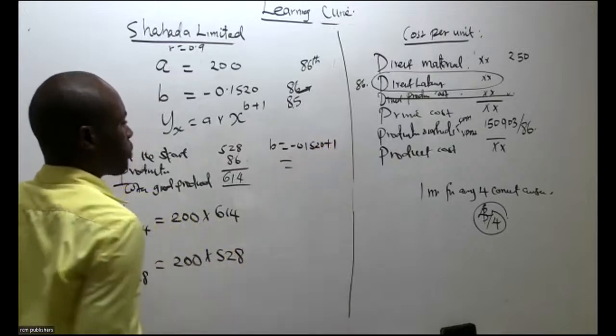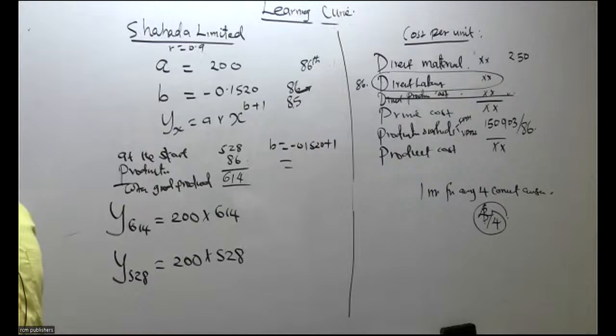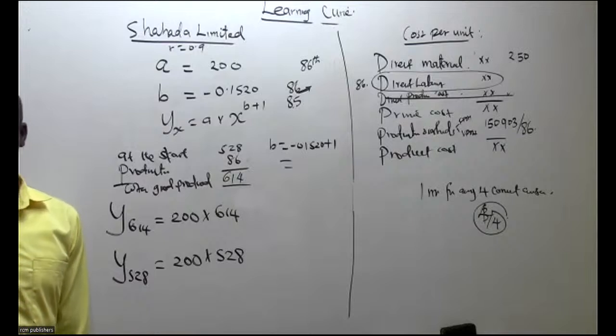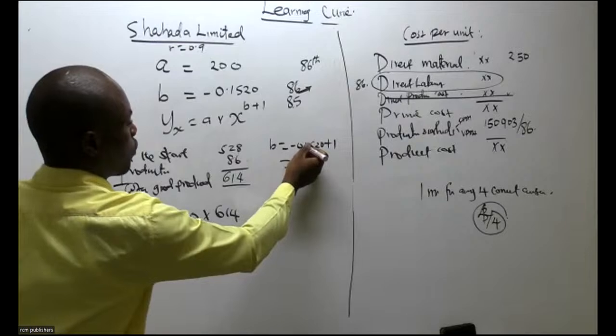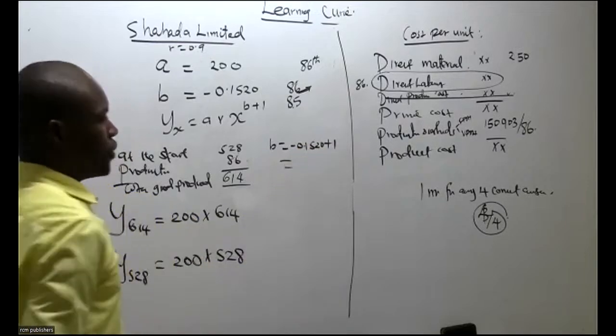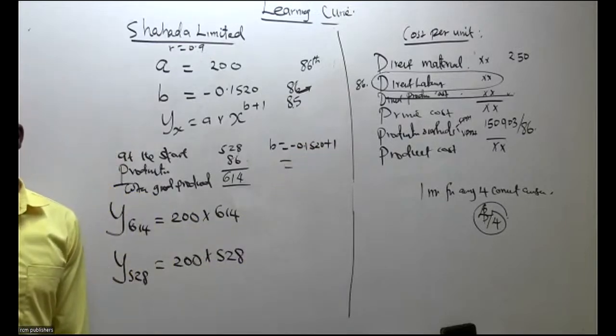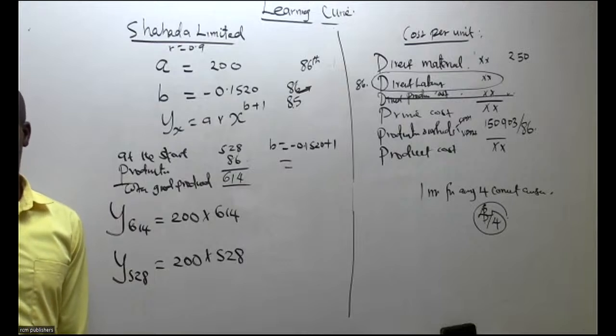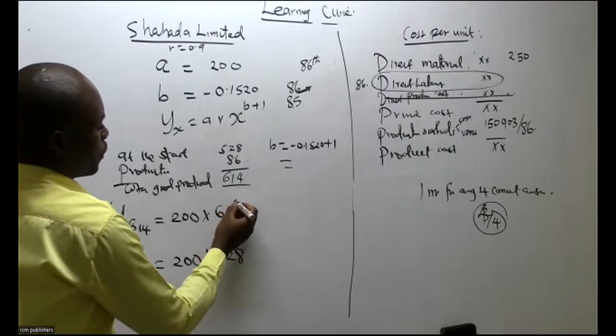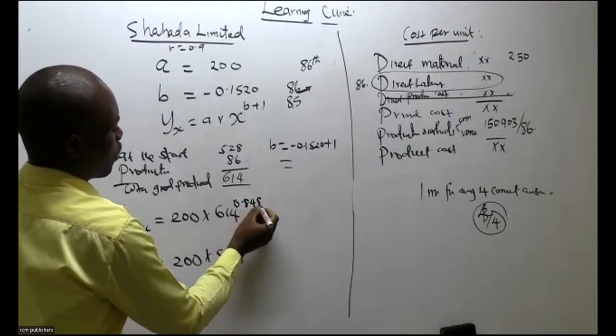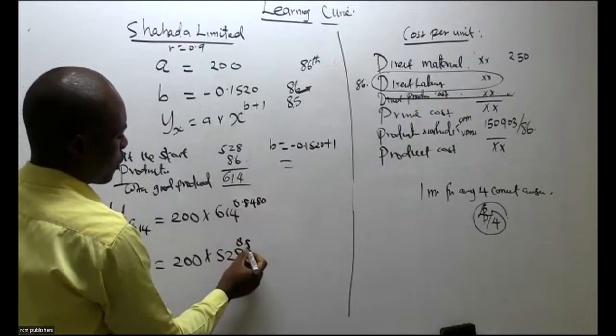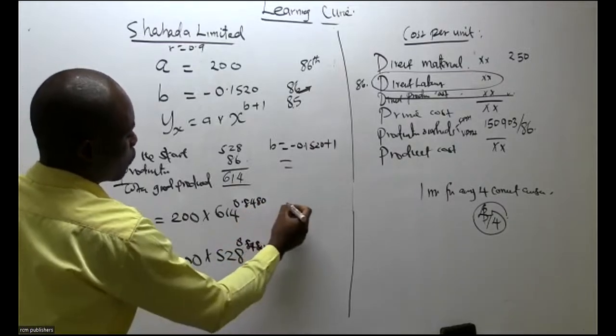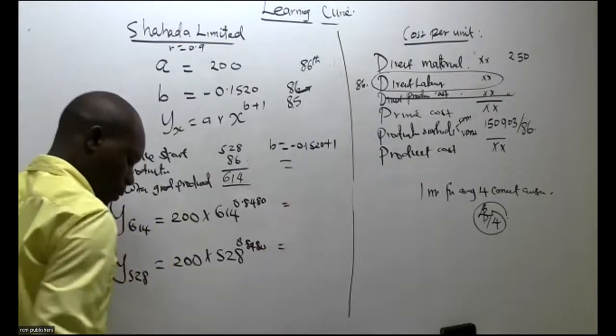So what will b plus 1 be? It will be 0.8480.